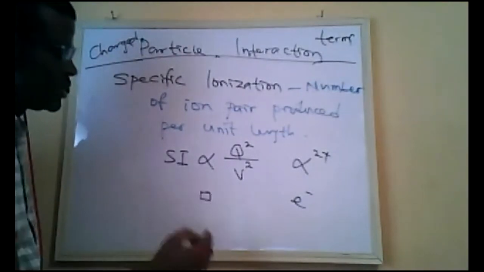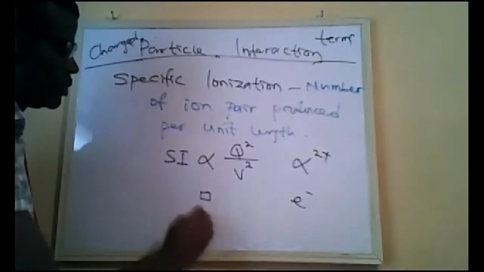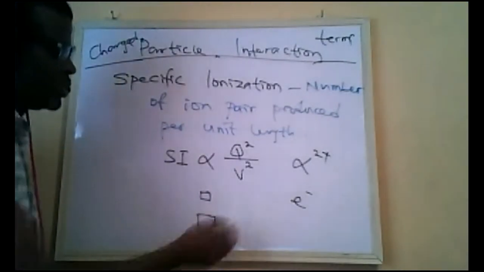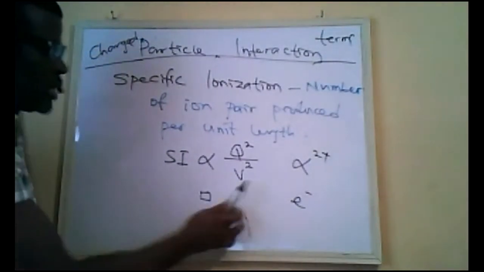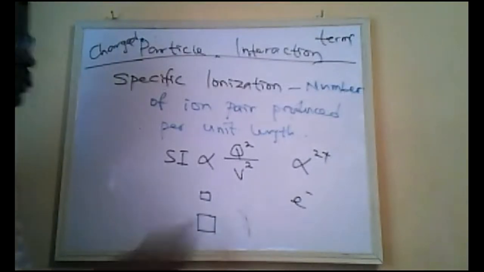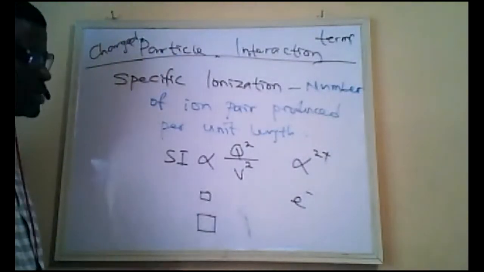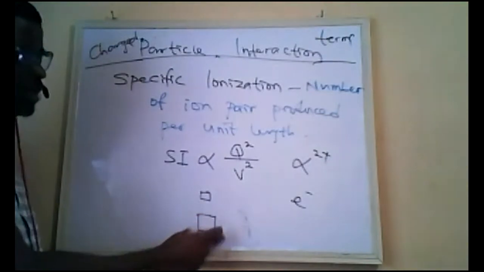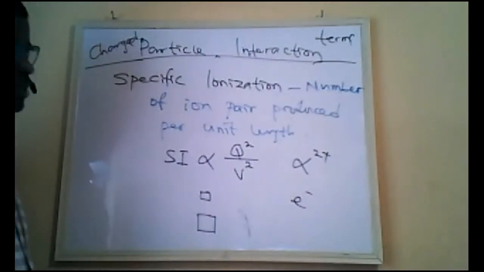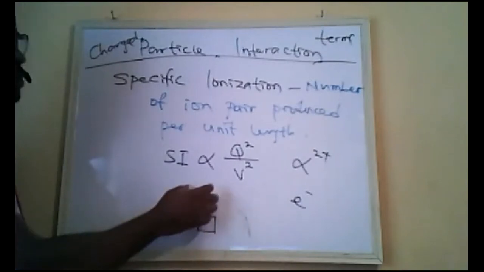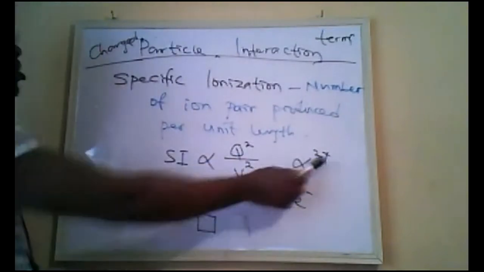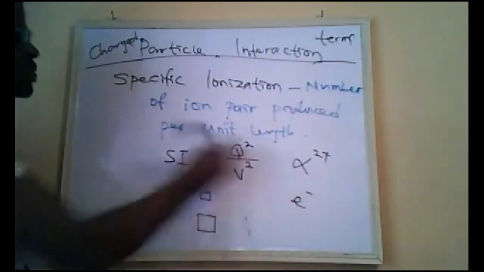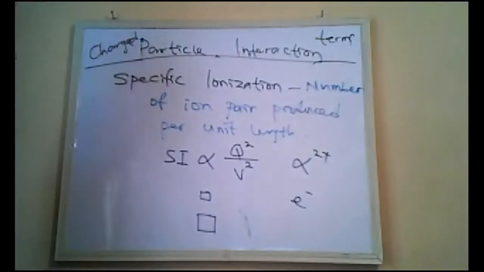You have a small magnet, you have a big magnet, and you have iron filings. The bigger magnet is going to attract more iron filings to itself than the smaller one. The mass of iron filings the bigger magnet attracts will be greater than what the small one can accommodate. And that has to do with the charge. The bigger the charge, the more the number of ion pairs that will be produced.